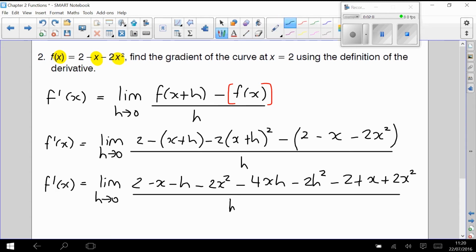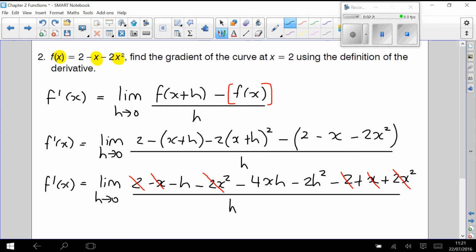Clearly, I can simplify here by adding like terms. I can see that if I add 2 and minus 2, they cancel, as do minus x and x, because they add up to 0. And also minus 2x squared and 2x squared add up to 0.